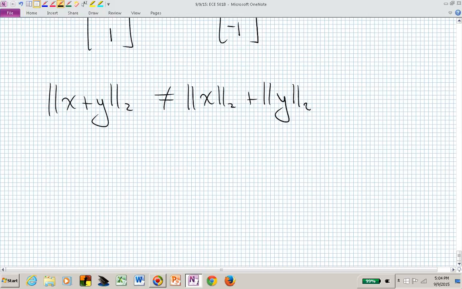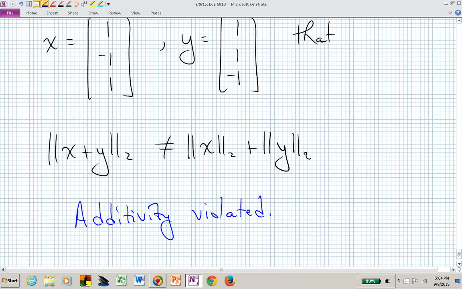That would be one of the properties. And which property is this? I'll give you a hint. Additivity is actually violated. And if you want to verify this, maybe you can check my math.